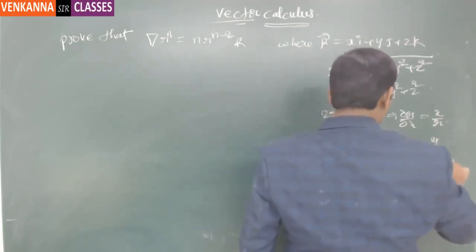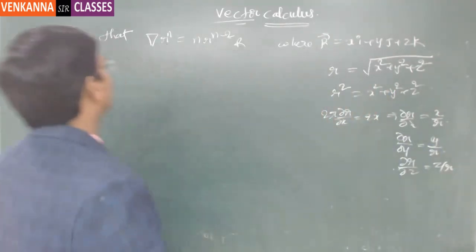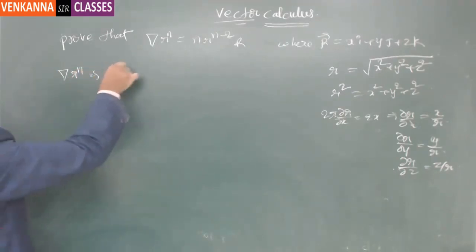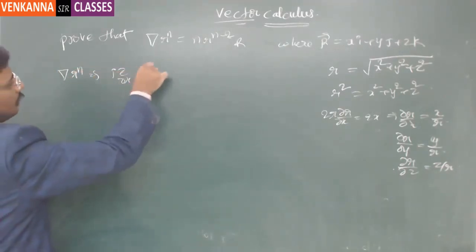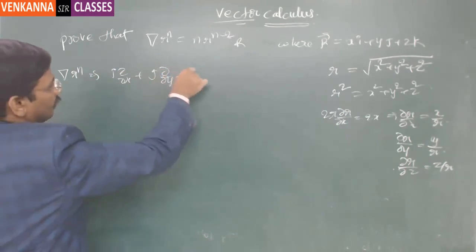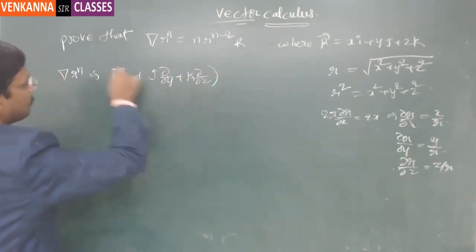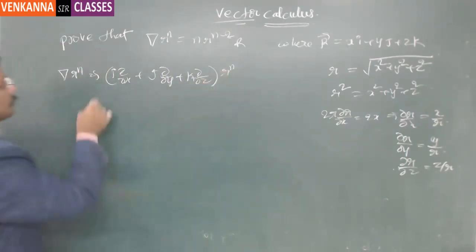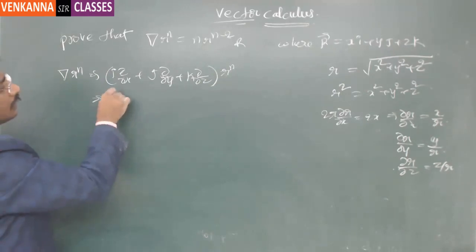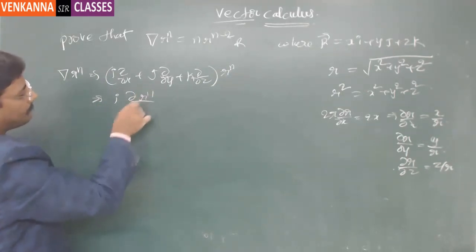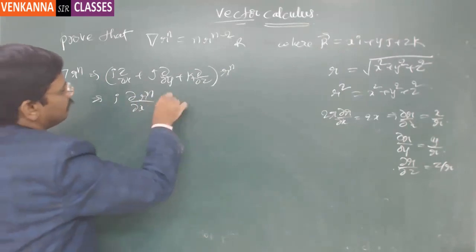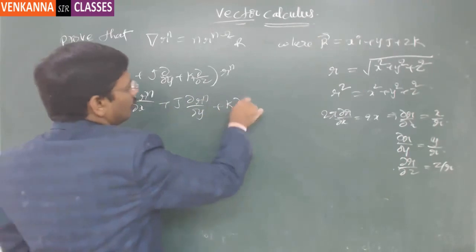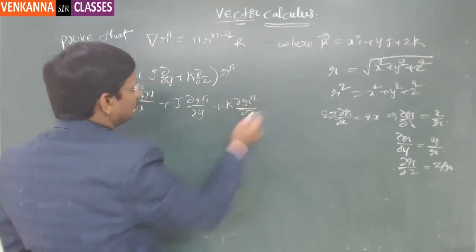and dou r by dou z is equal to z by r. Now here, if you apply del on this, del r power n is nothing but i dou by dou x plus j dou by dou y plus k dou by dou z getting multiplied with r power n. So if you apply on this, i times of dou r power n by dou x plus j times of dou r power n by dou y plus k dou r power n by dou z.